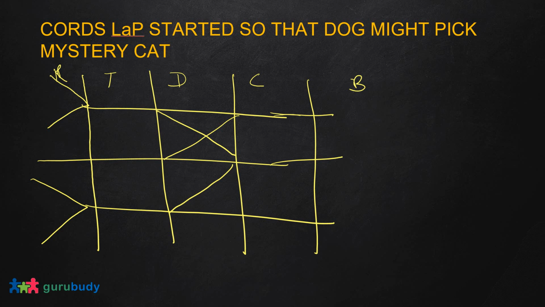Now in the chords, this one is quite tricky and a little harder than the previous ones, but as we have a mnemonic, it might get easier to learn. So in the chords, it is "chords lab started so that dog might pick mystery cat".